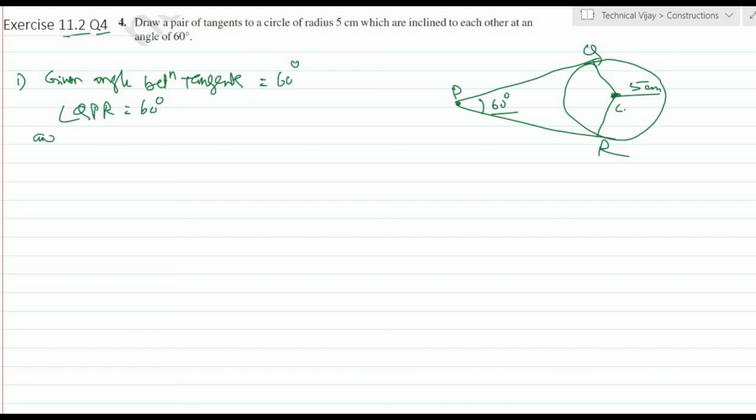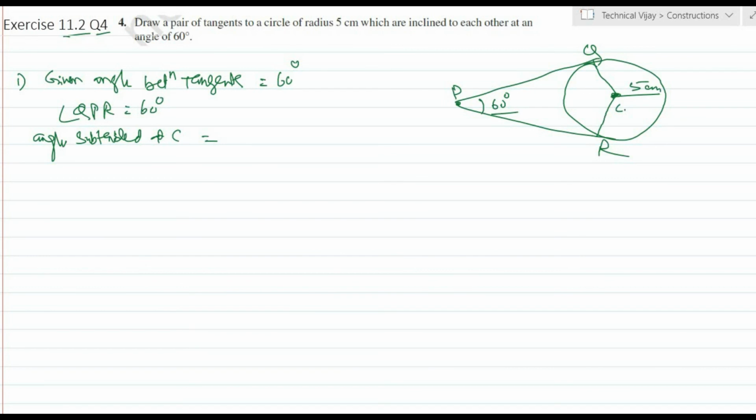So the angle subtended at C is, complementary means this plus this is equal to 180 degrees. So 180 minus 60 is equal to 120 degrees. Directly we cannot construct 60 degrees at this point. We will construct this 120 degrees here because of the complementary angle.